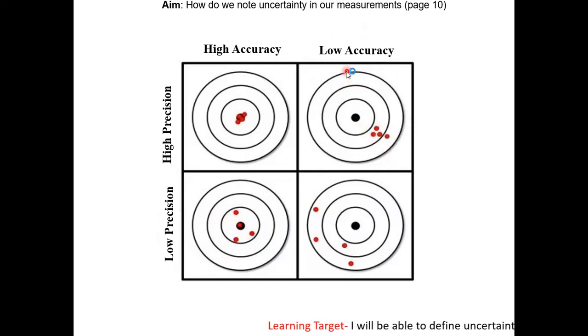If you have high precision but low accuracy, you're very consistent in your measurements, but they're not the actual values. And if you have low accuracy, low precision, then you're all over the place. So obviously in science and in labs, you want to have high accuracy and high precision, but that's not always the case, right? So the terms accuracy and precision are used to describe the measurements that you have.